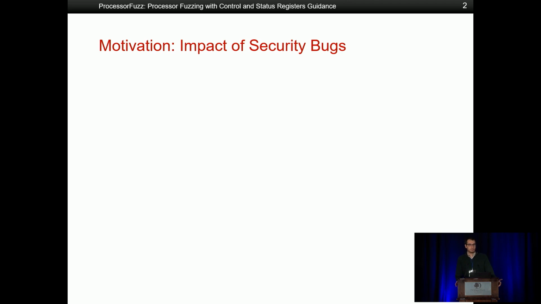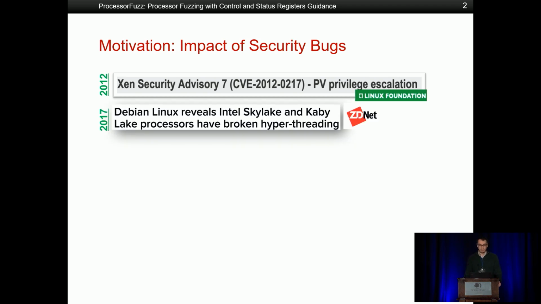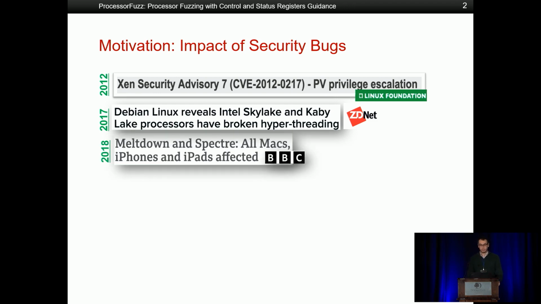So today processors are integral parts of our lives, and if you miss bugs in processors, in the past we've seen that it led to severe security consequences. It has been shown that attackers can exploit these bugs to gain unauthorized accesses by exploiting the virtualization features, or that even side channels can be used to leak much sensitive information.